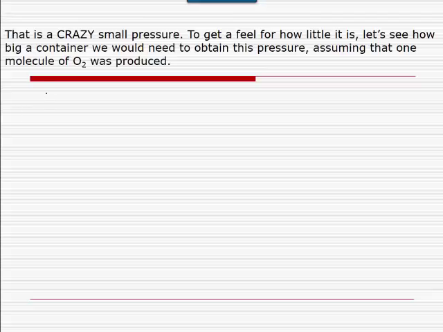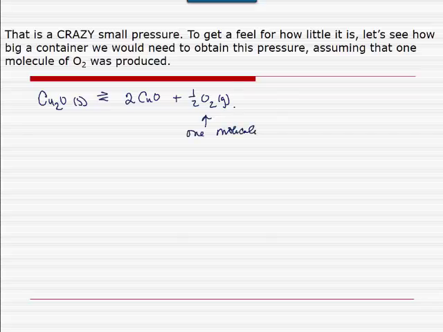So in other words, I'm taking my Cu2O solid, I'm letting it establish equilibrium with my CuO plus 1/2 O2 gas, okay? And we know that it lies far to the left, and we're going to say it's just barely going to the right enough to produce one molecule of this.